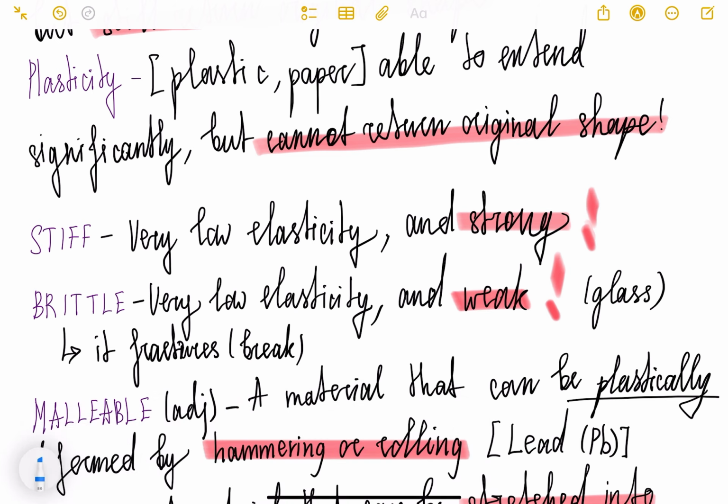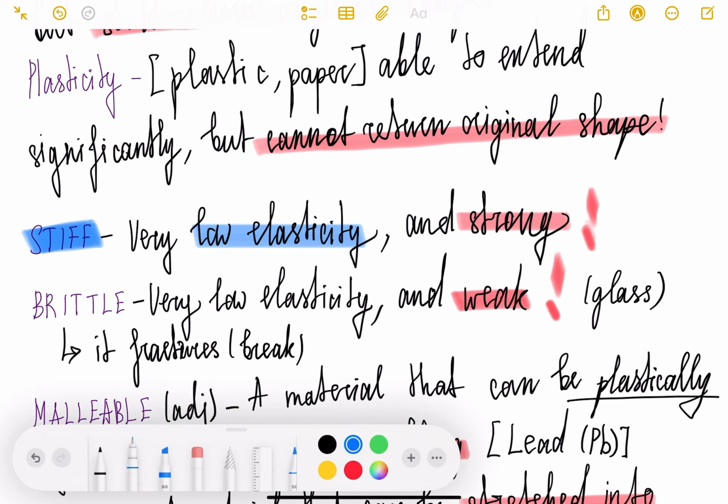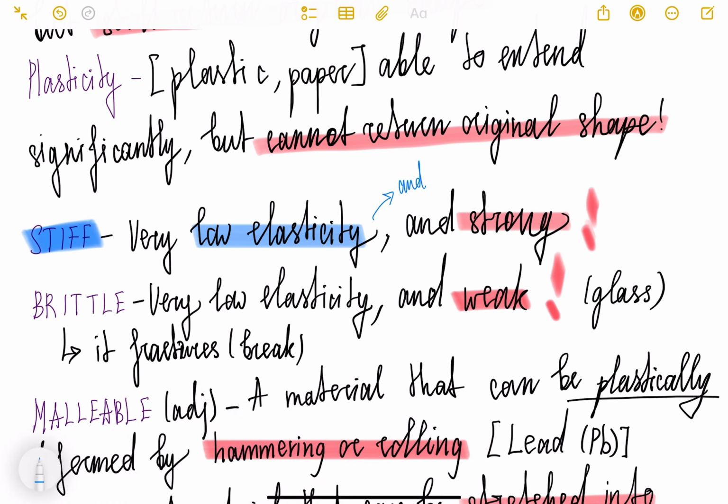And high tensile strength means it's strong.